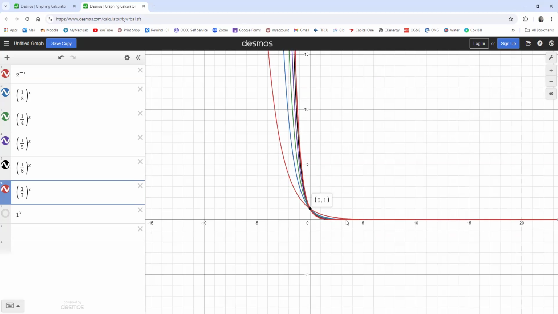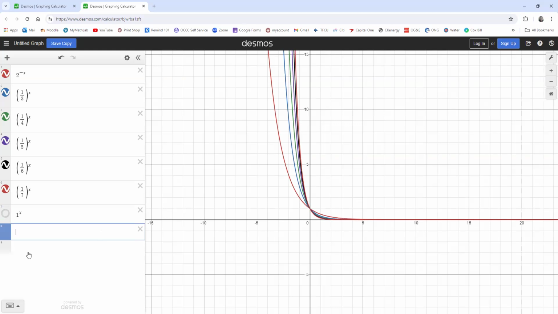And then they still have that same horizontal asymptote at y equals 0. And one more time, we cannot have a base of 1, because if we have a base of 1, 1 to any power is just 1. So it's a horizontal line. You can again start making these decreases a little bit more shallow the closer you get to 1.